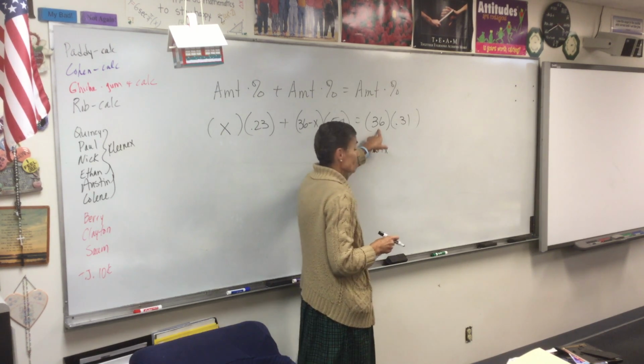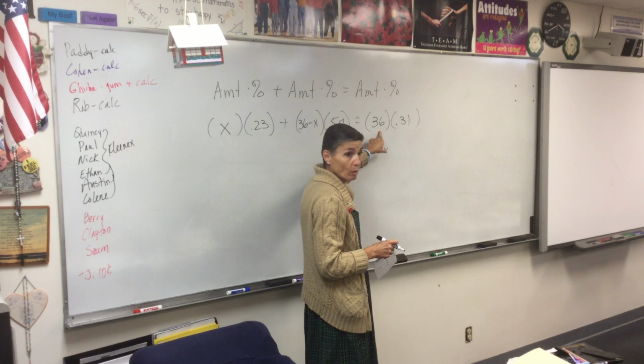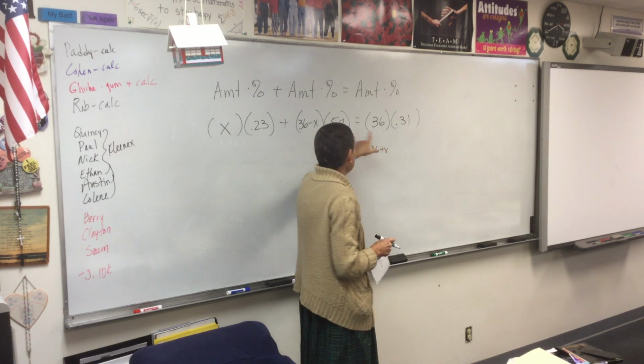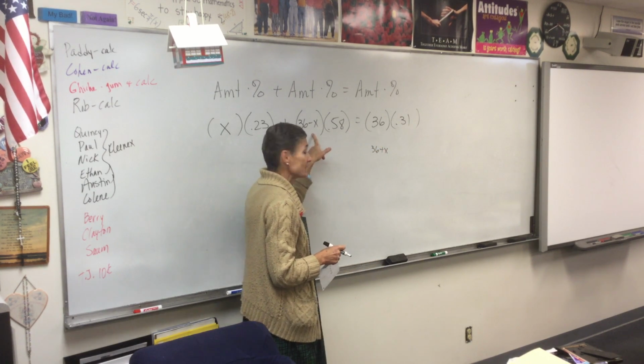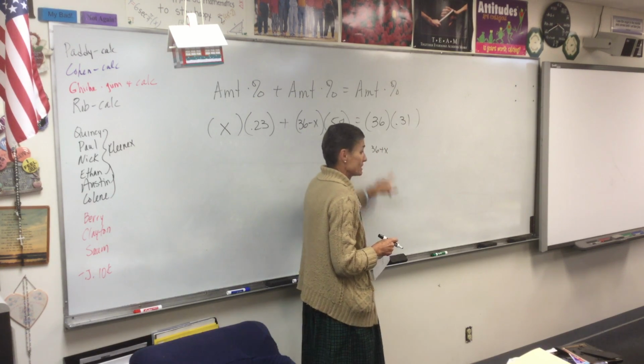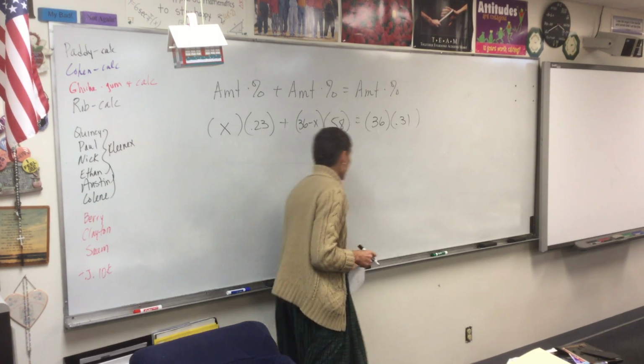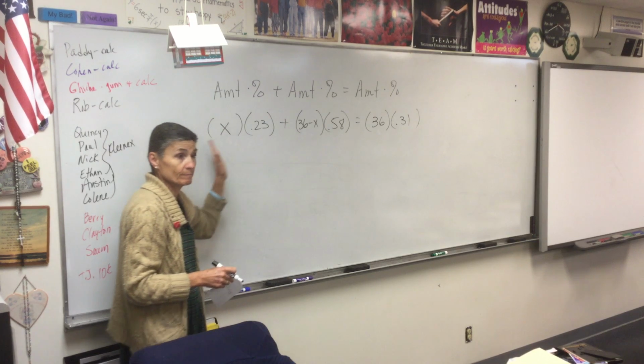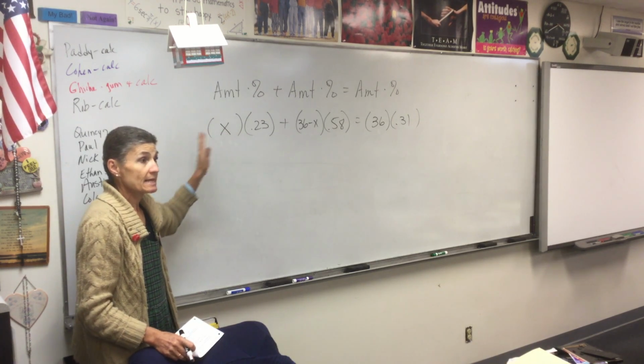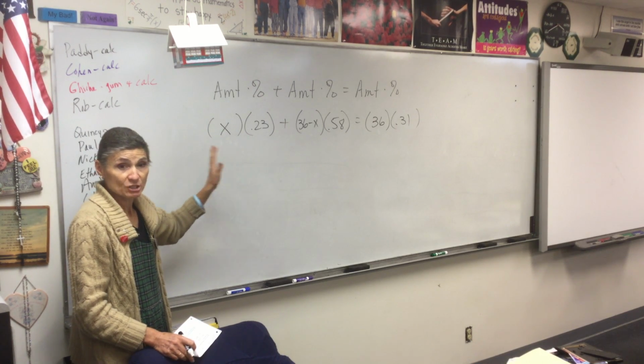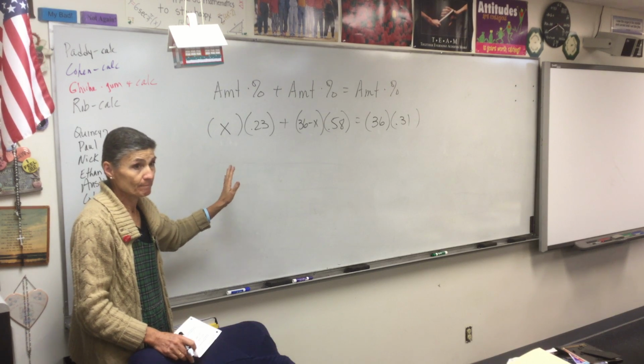The 36 is the one amount that you know. If it's here, it's 36 minus X. If it's here, it's 36 plus X. So there is our equation. Now, does anybody have a question about that? It's going to happen that way every time.